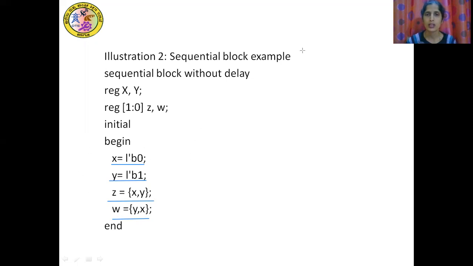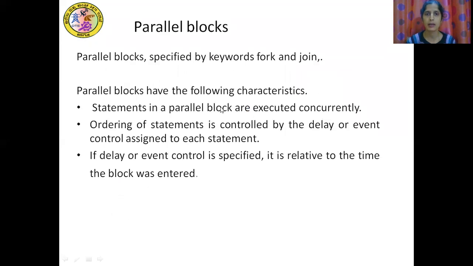Let's move further with the next topic, that is parallel blocks. We have come to know about sequential blocks, where the block of statements is written within the keywords begin and end, whereas a parallel block of statements must be enclosed between fork and join.